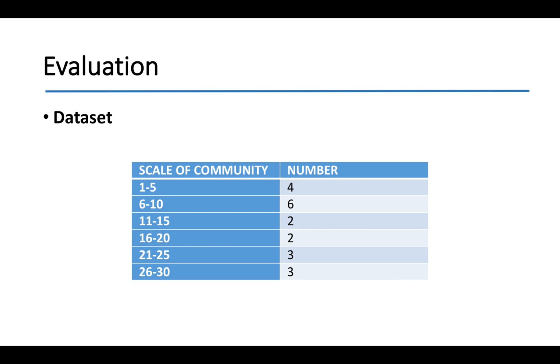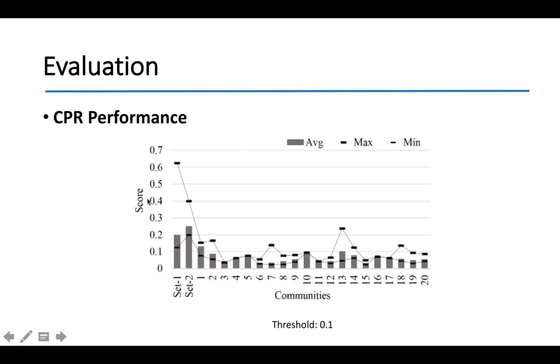So the data set for our evaluation is here. There are a total of 20 communities divided by a community detection algorithm with a value of these 6 levels. And for the CPR performance, we can see in the picture. The x-axis here is the community identity.